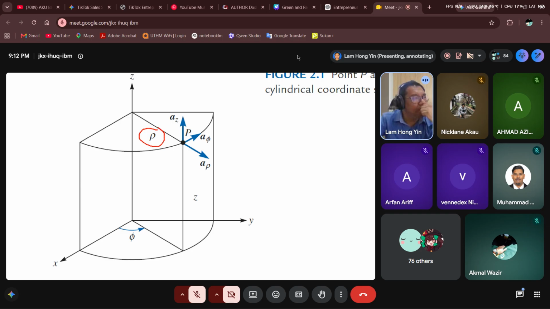Imagine that you have one cylinder. How big is the cylinder? The round shape, the circle shape, is determined by the radius. And this radius, we use rho to represent. Another one is how tall your cylinder is, represented by z, right?